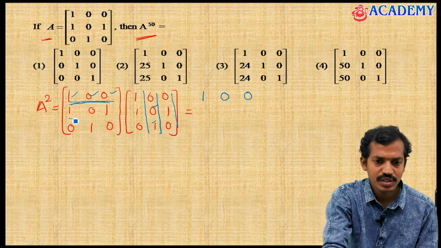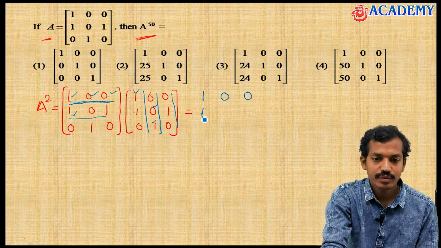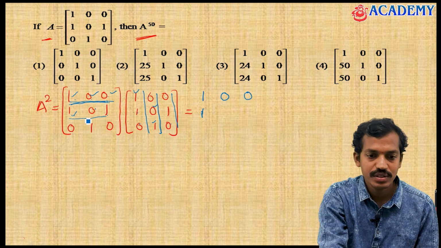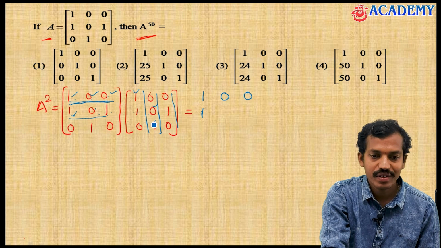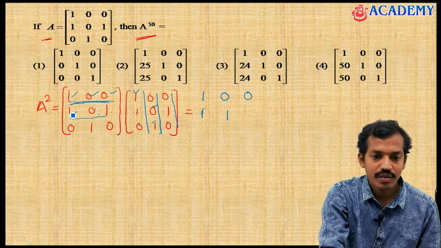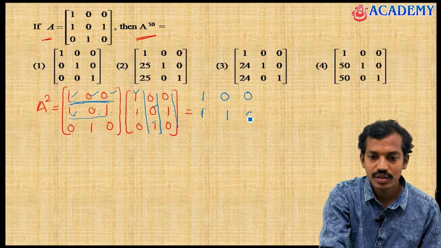Next, second row, same procedure with all columns: 1 into 1 is 1, plus 0 into 1, next 1 into 0. Second row with second column: 1 into 0, 0 into 0, and 1 into 1, plus 1. Next, second row with third column: 1 into 0, 0 into 1, 1 into 0, you are going to get 0 here.